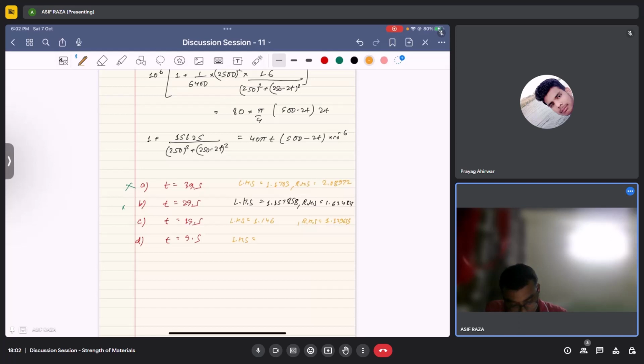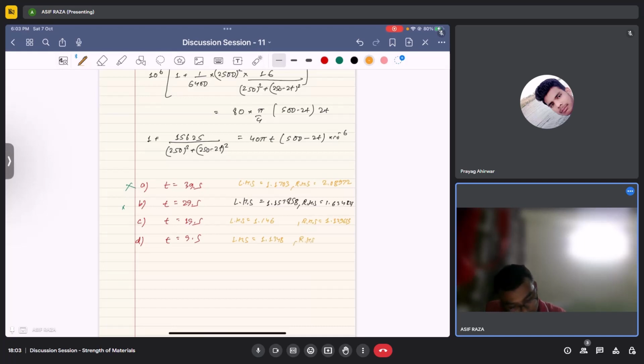Check the other one. 250 minus 2 into thickness, which is 9.5, square plus 250 square to the power minus 1, into 15625 plus 1. This is 1.1348.